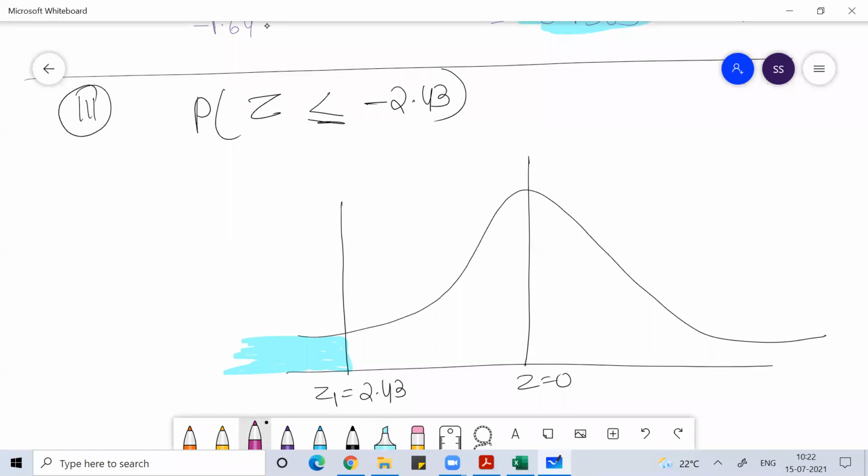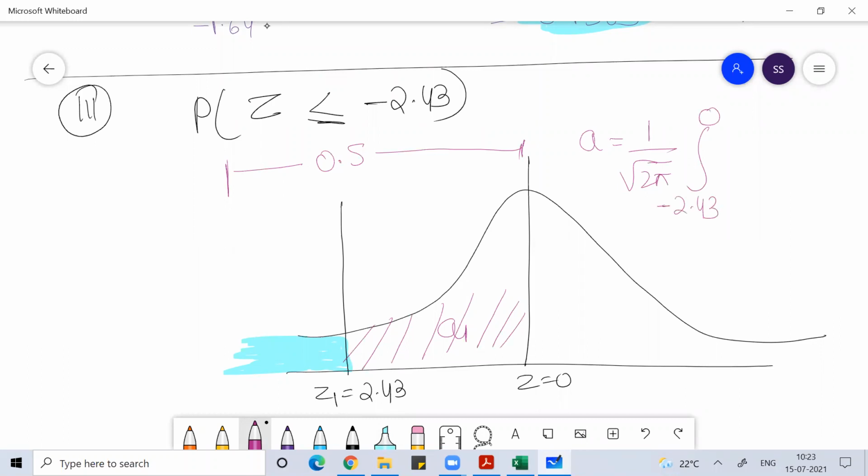You know that this half is 0.5, and this other area you can find very easily. It would be 1 by root 2 pi e to the power minus z square by 2 dz from minus 2.43 to 0, so you will get the answer very easily.